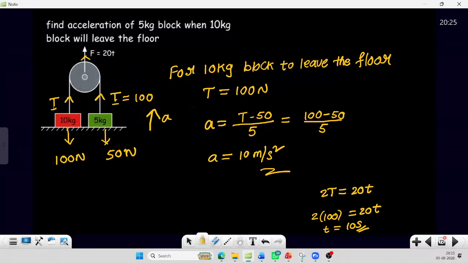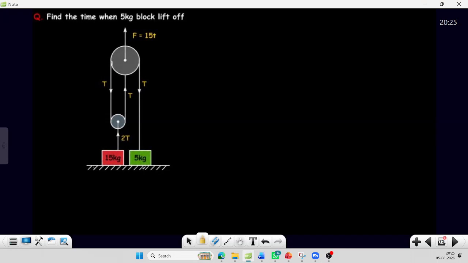Yes, one more problem similar to this. Take this. The tensions are already marked in the problem itself. Find the time when the 5 kg block lifts off, where F is equal to 15t.